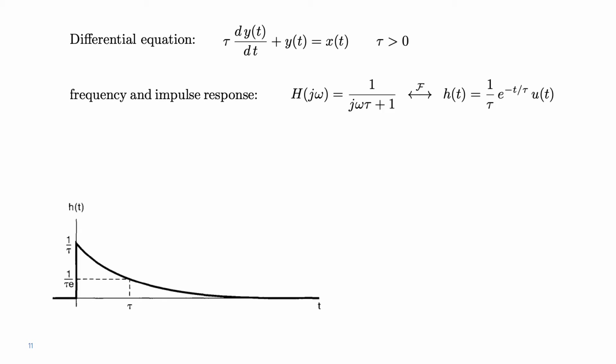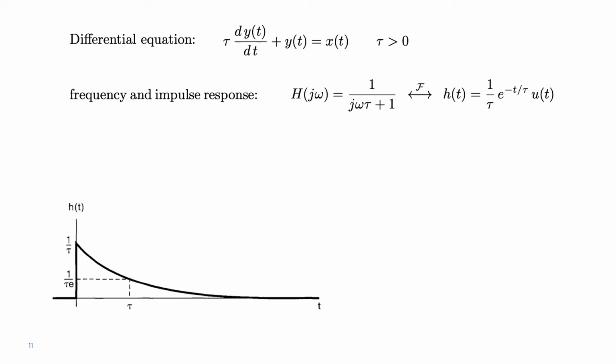If, for example, as we learned in a previous class, we calculate the Fourier transform of the left and right hand sides of this differential equation, then the derivative becomes a product by j omega, and then we can just calculate h of j omega as y over x. We obtain this ratio of polynomials of the first order given by 1 divided by j omega tau plus 1.